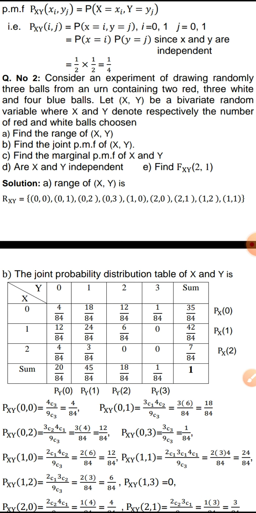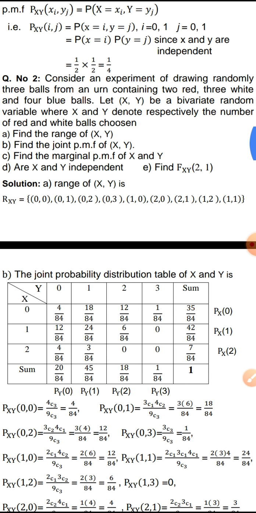So there are 3 types of ball: 2 red, 3 white and 4 blue balls, altogether 9 balls. Out of 9 balls, 2 are red, 3 are white and 4 are blue.